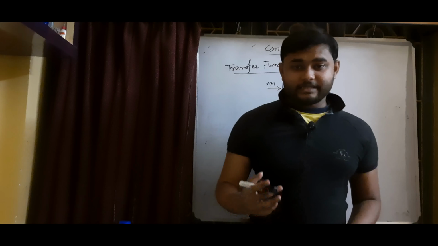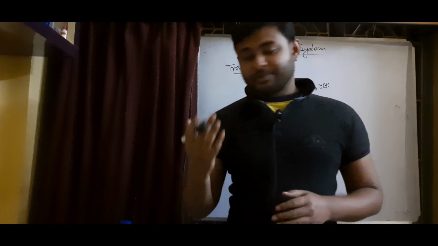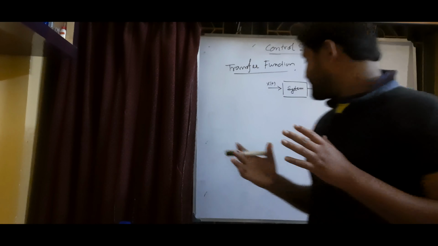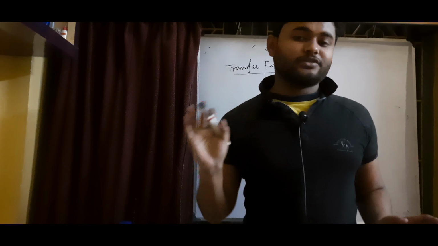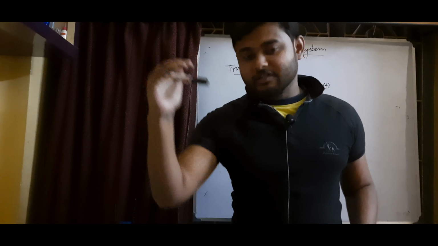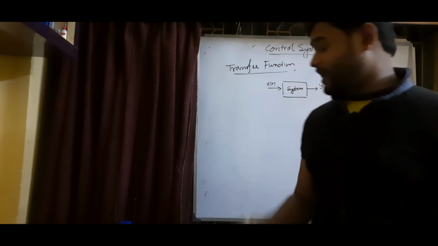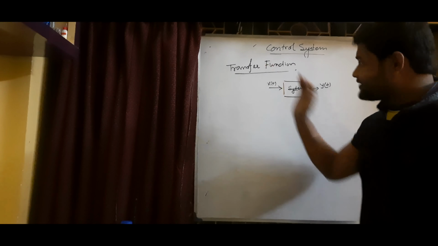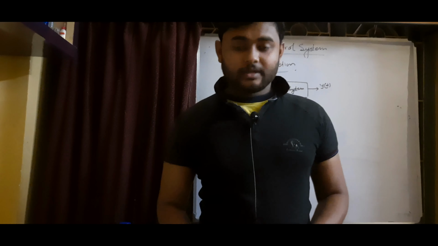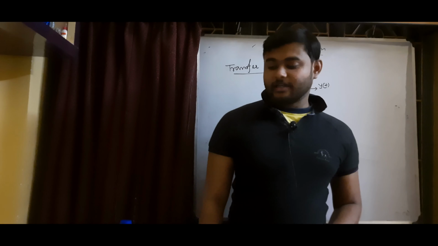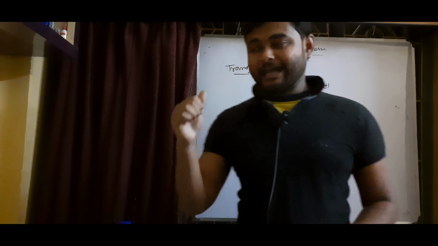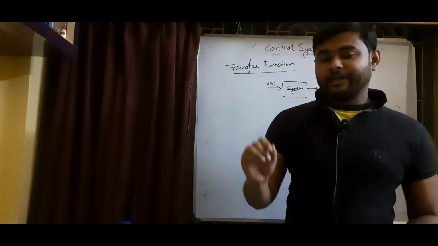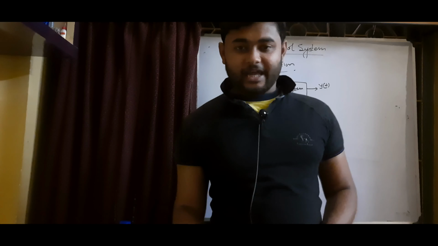Transfer function is the representation of a system by its input output relationship, just like differential equation, but from differential equation we arrive at transfer function. So what is the definition of transfer function? The formal definition is the ratio between the Laplace transform of output and the Laplace transform of input when the system is initially relaxed.